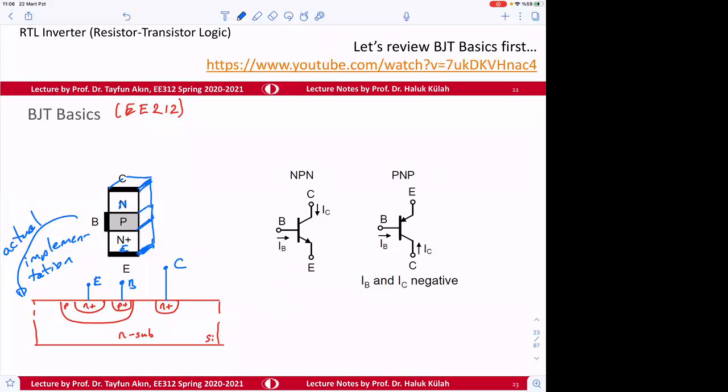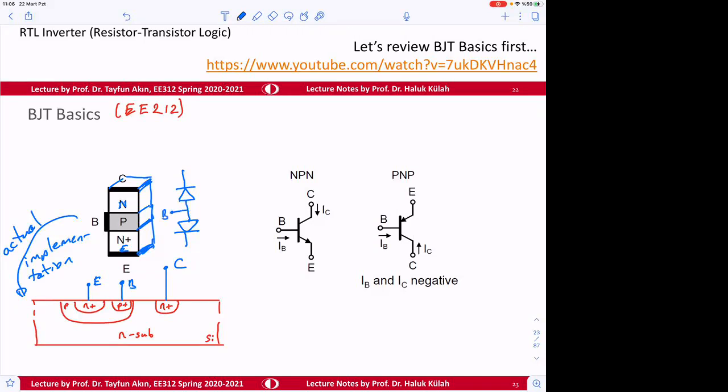In any case, the device, I think you learned how this is operating. Since these are the devices, it is as if you have two back-to-back diodes. Okay, so these are the two back-to-back diodes, and maybe I should put this on the other side.